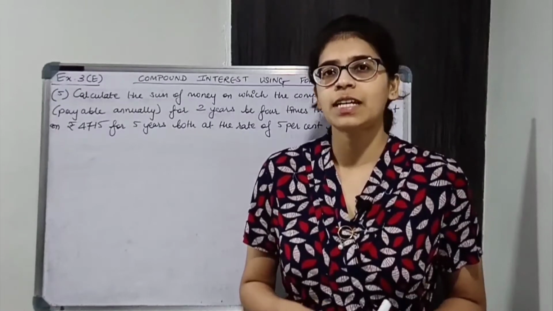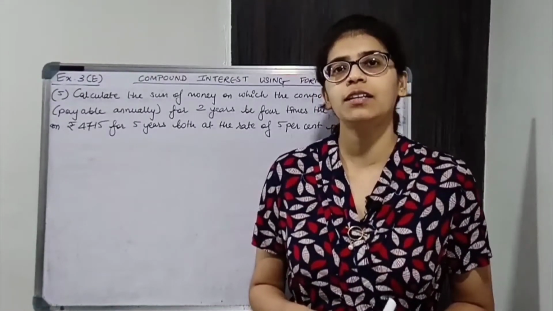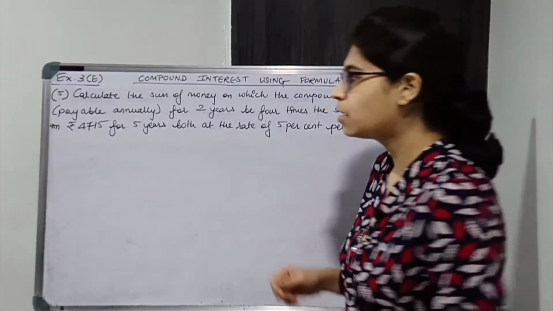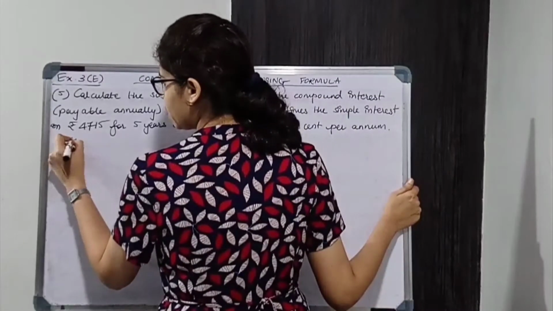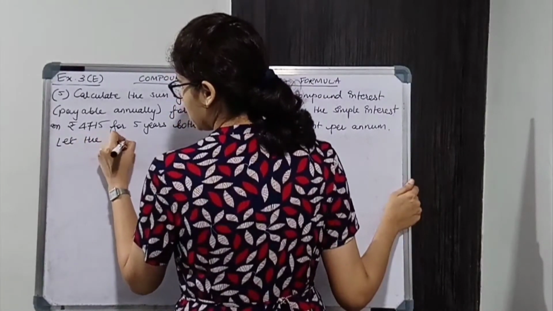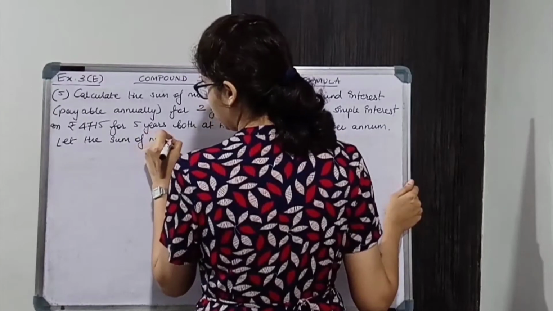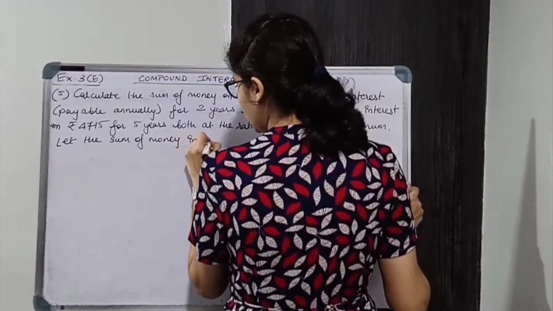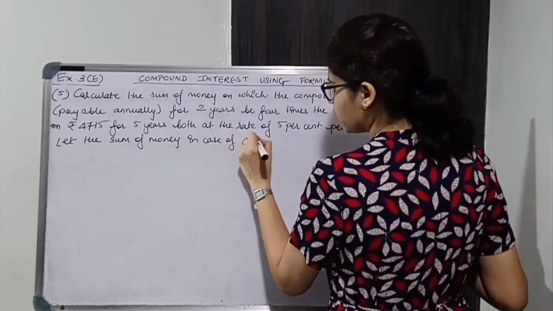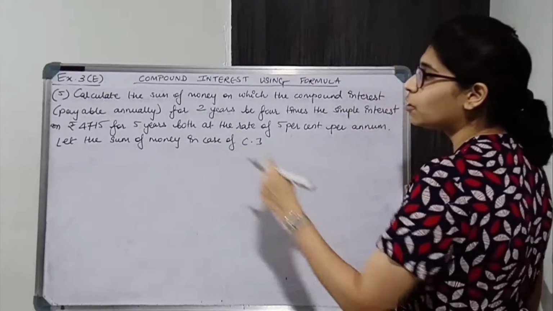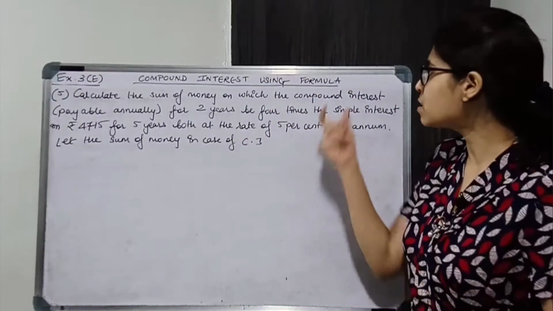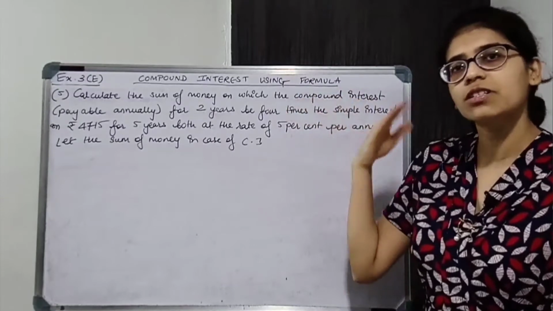Now we'll write down a statement at the beginning. Let the sum of money, that is the principal, be X rupees. Let the sum of money in case of compound interest, very important, you are finding the sum of money in case of compound interest. In case of simple interest it is already given.